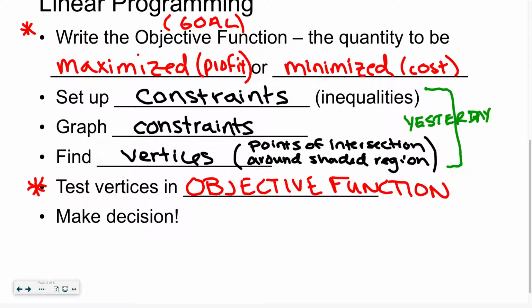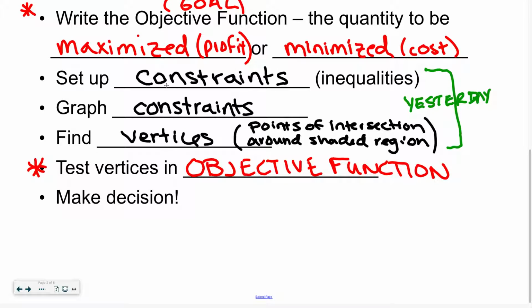Okay. The last step is make a decision, and this one is easy to overlook, but you've done all this math and you've shown all this stuff. What you want to do with make a decision is report back. So when I say report back, it means you should manufacture or you should keep an inventory of 200 of the laptop Model A's and 100 of the laptop Model B's, and you will make the most profit.